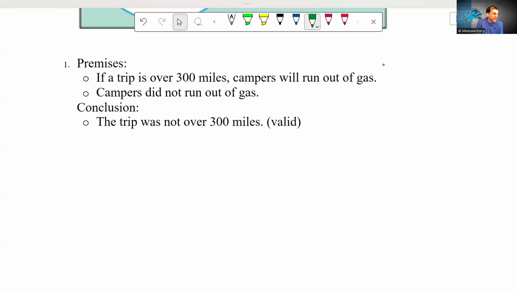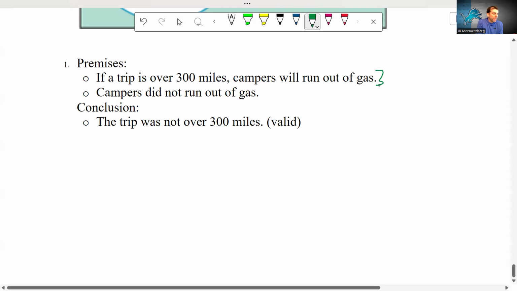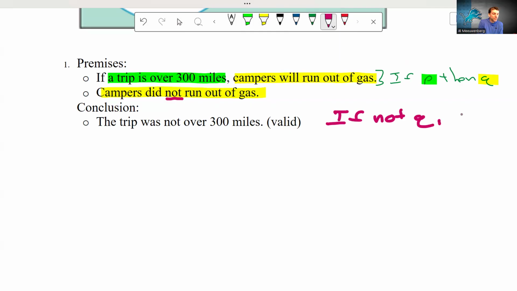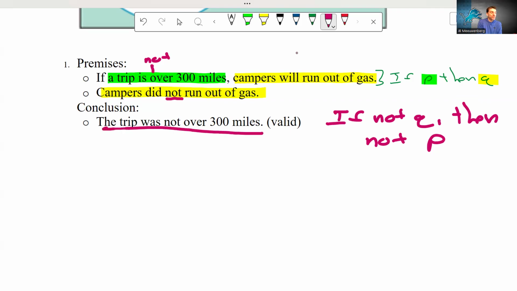So let's analyze. Here is our if-then statement: if P, then Q. A trip is over 300 miles, that's the P. Campers will run out of gas, Q. Campers did not run out of gas, so this is the negation of the Q. So we can say if not Q, then not P. Not P would be a trip is not over 300 miles, and that was the conclusion that was stated.